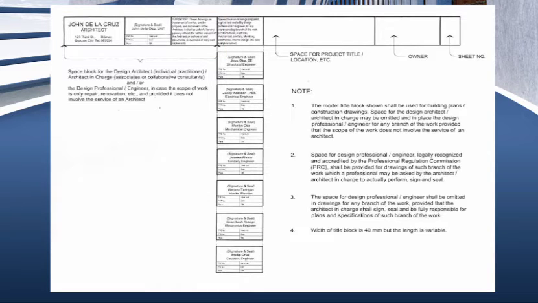And there is the space for project title or location, for the owner, and for the sheet number. So, these are the information na makikita po sa mga plans na ipapasa at pinirmahan ng mga iba't ibang professionals, or the duly licensed and registered professionals.